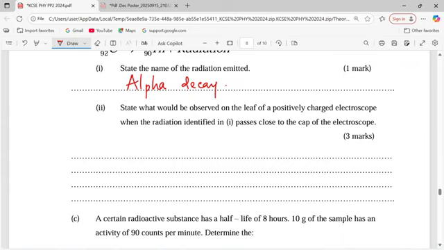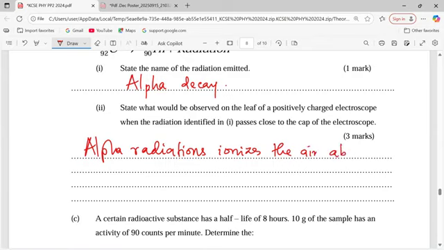So alpha radiation has a high mass, leading to a high ionization effect. So alpha radiation ionizes the air near the cap.